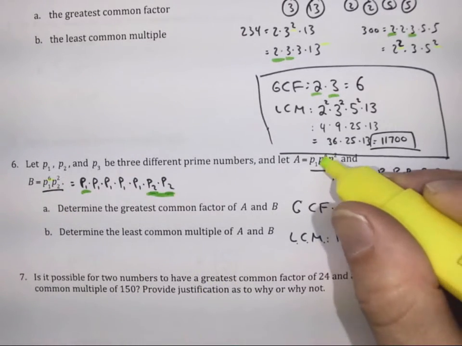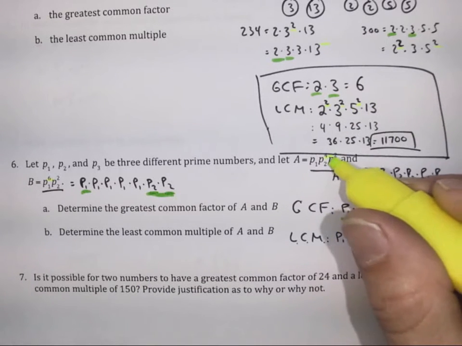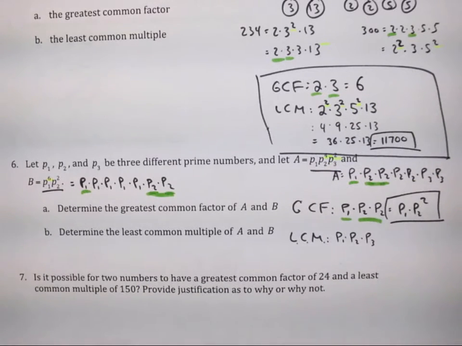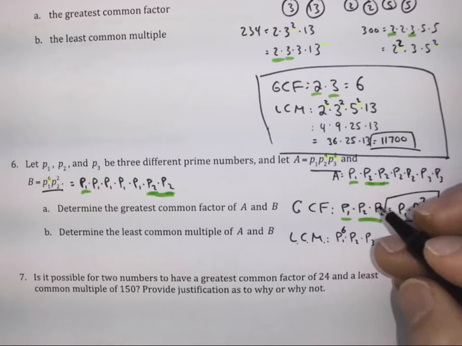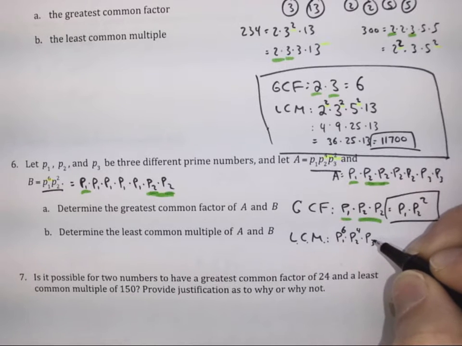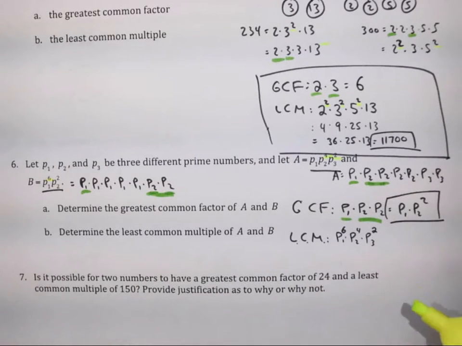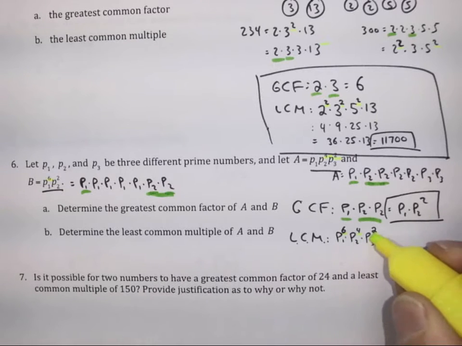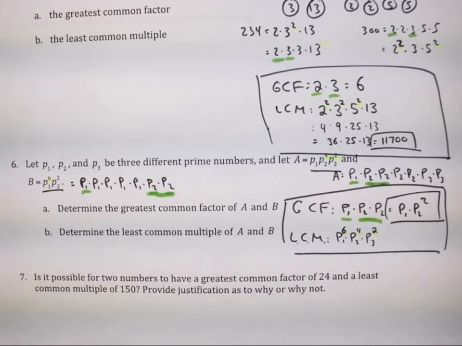The highest power of P2 is 4, and the highest power of P3 is 2. I'm going to underline those in yellow as well, so we can see where those numbers came from. All right, those are our answers.